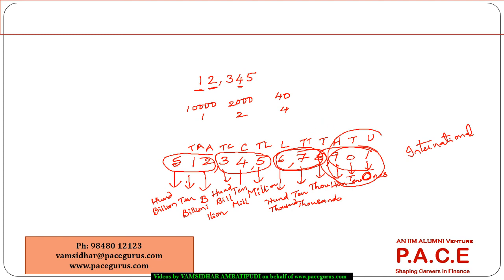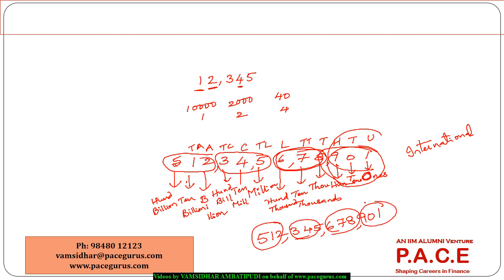So you put commas also. So if this is the same number in the international system, I'll put commas after every 3 digits. So this would be read as 512 billion, 345 million, 678,901.